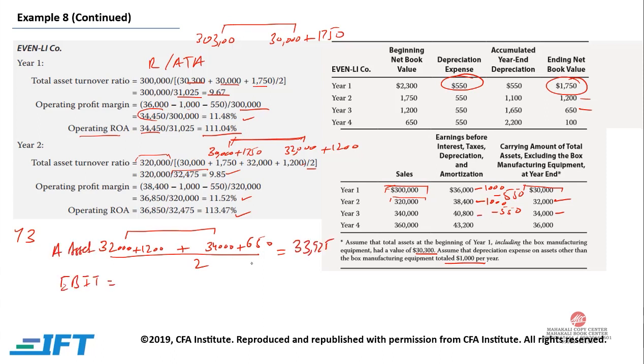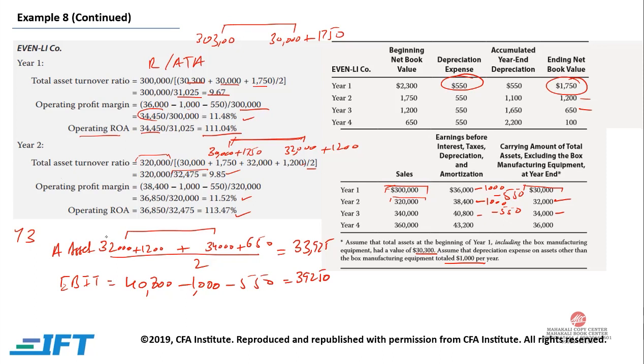Your EBIT would be 40,800, subtract 1,000 and subtract 550. So 40,800 minus 1,000 minus 550 equals 39,250.